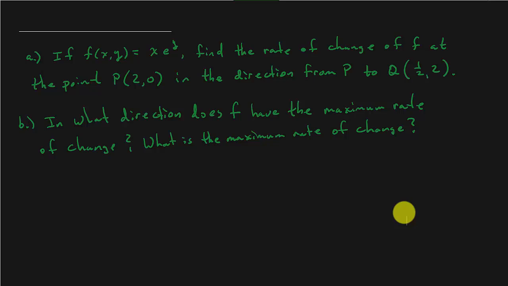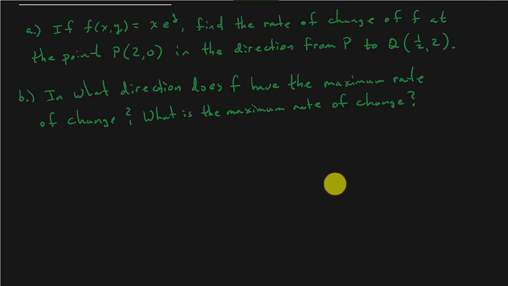That's all. They're not coming out and saying, here's your vector. They're just telling you to go from point P to point Q. Well, do we know how to find the vector from point P to point Q? Of course you do. You've done that. Okay. So we've got part A here. All right. So let's do the gradient of f.